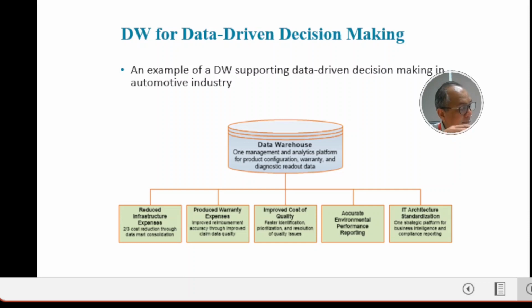So this is an example of a data warehouse providing decision making. It is data-driven decision making.